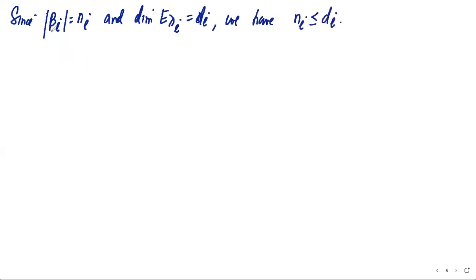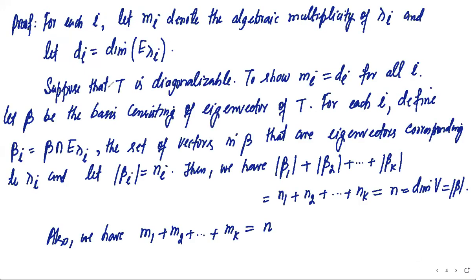Now this beta_i is a linearly independent subset from the basis beta, which consists of the eigenvectors corresponding to lambda_i. So each of the vectors in beta_i is from the eigenspace of lambda_i, and since beta_i is linearly independent, the maximum possible number of linearly independent vectors from the eigenspace is d_i.